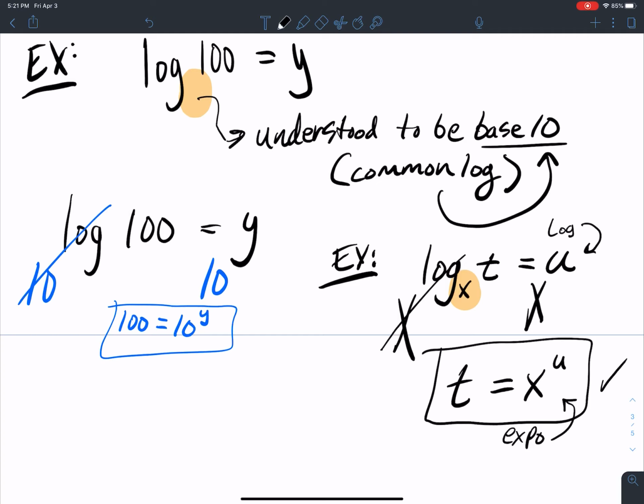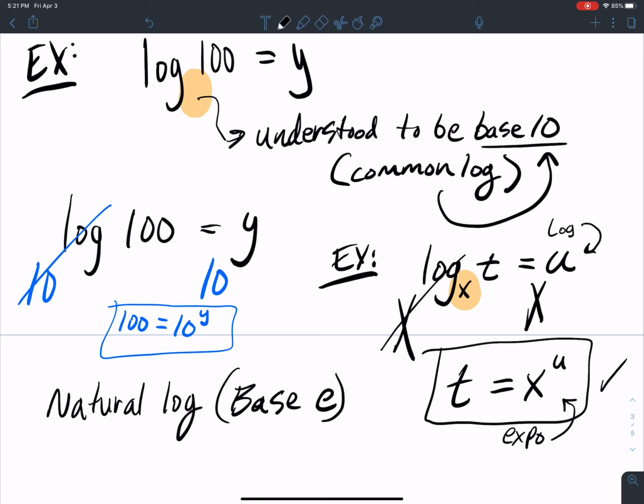Okay, so hopefully that illustrates it. Now we talked about the common log. There's one more log that you're going to run into, and it's called the natural log. The natural log base is e. Okay, so the base here is e.